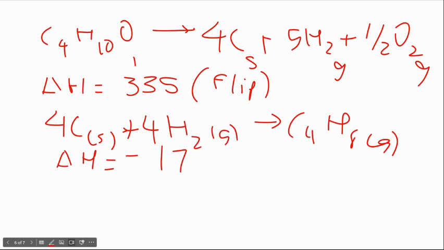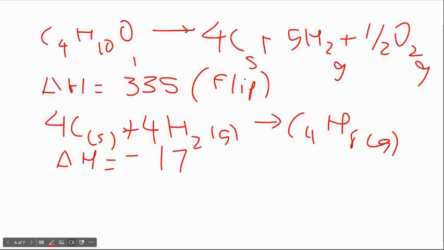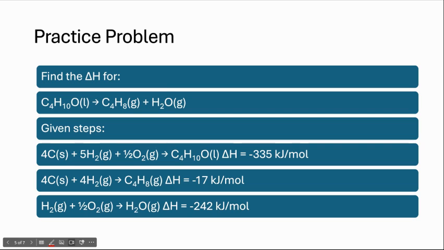And then finally, we have H2 gas plus 1/2 O2 gas is equal to H2O. We want H2O on our product side and it has the correct coefficients. So similar to the second one, we don't have to do anything with this one either. We can leave it as is since it's on the correct side as in the original equation.